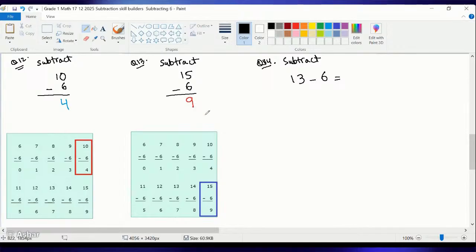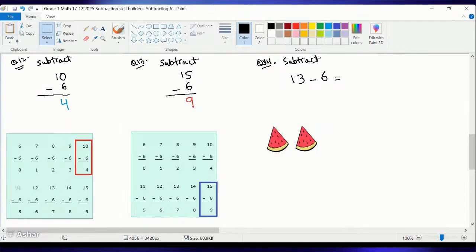So 13 minus 6 would mean we have two options. Let's suppose some objects and then we'll see what can be done. If we have slices of watermelon, let's suppose. So if we put in the watermelon over here, we can have 13 slices.